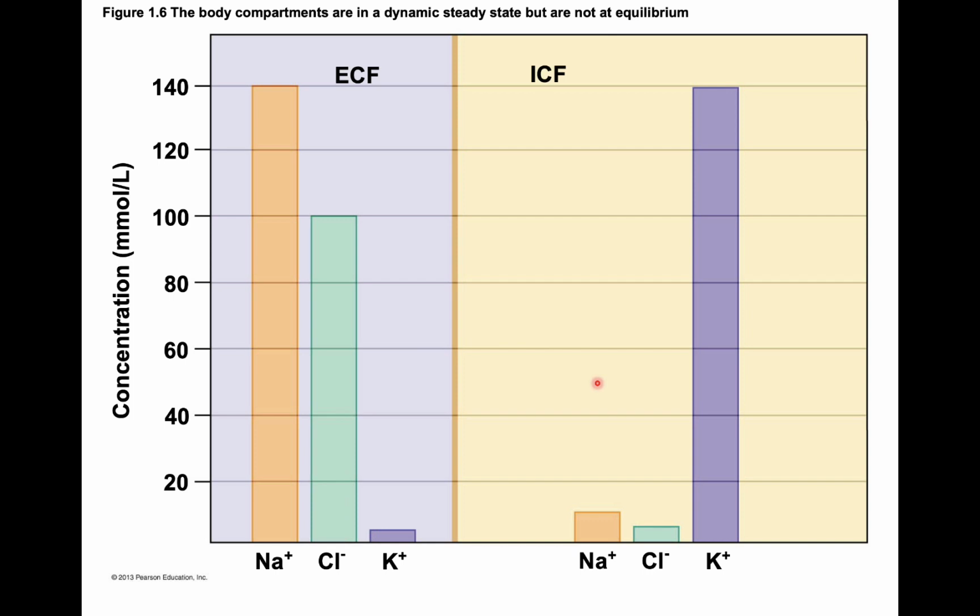And inside the cell, you need to make sure that you have low sodium and low chloride concentrations and a high potassium concentration. Please make sure you memorize these concepts. You have to know which ions are high inside and outside the cell. That will greatly help you on your exam.